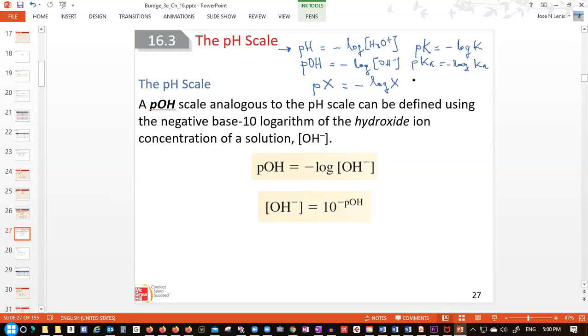And for pKb, notice that the p is lowercase, it's going to be negative log of Kb. So in general, pX equals negative log of X.